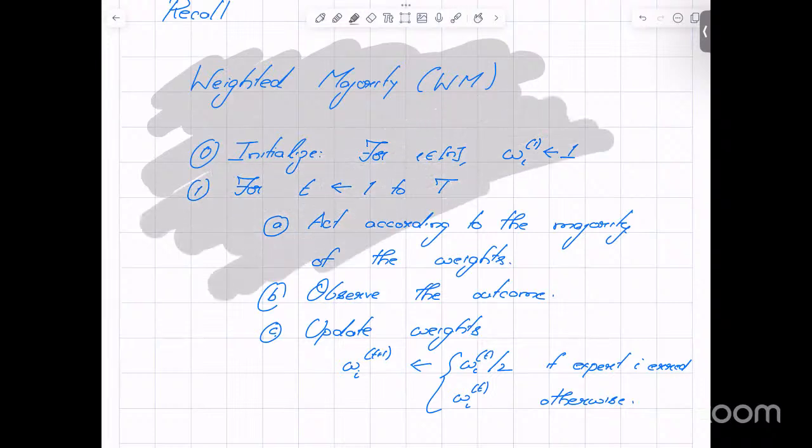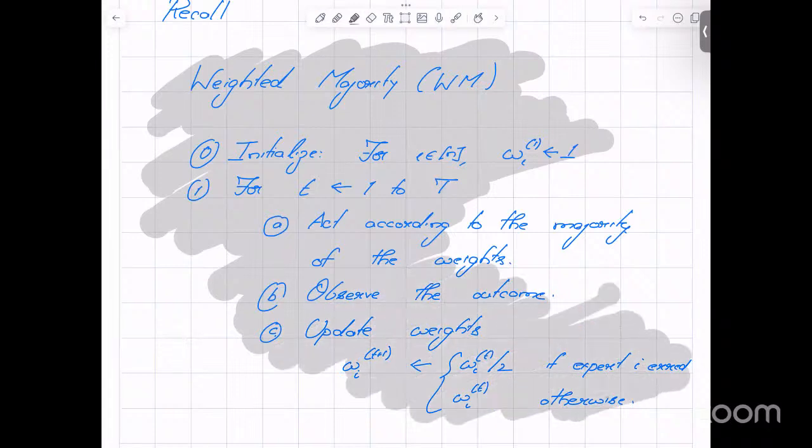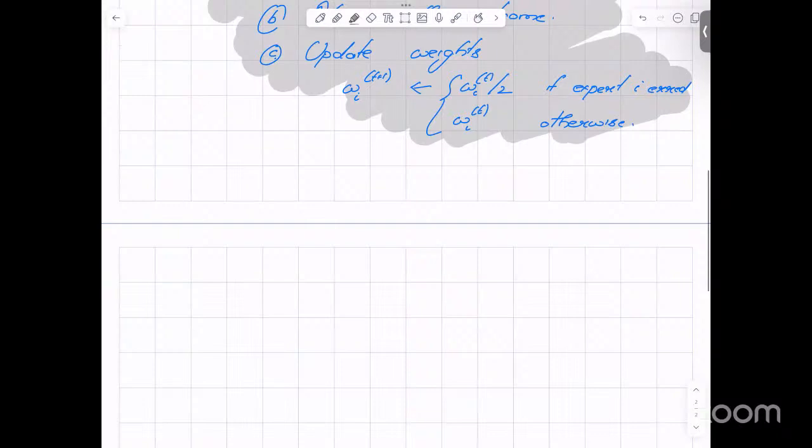And we wanted to compare how well this algorithm does against the best expert in hindsight. So let's get some notation started. We want to analyze the WM algorithm.